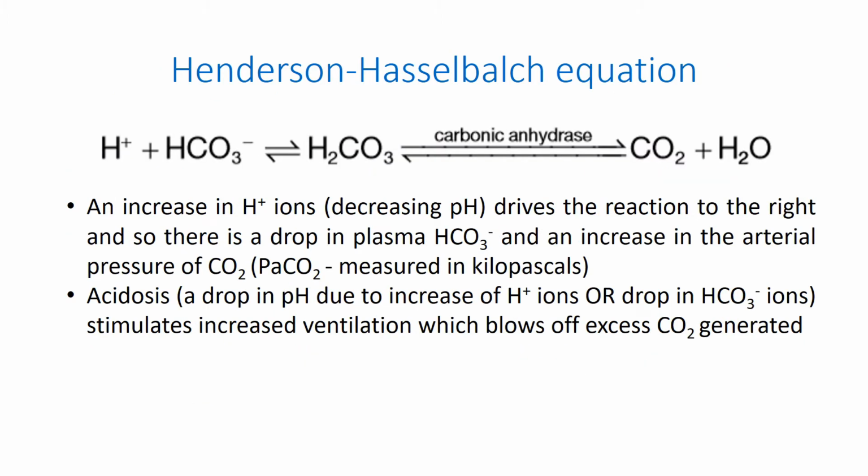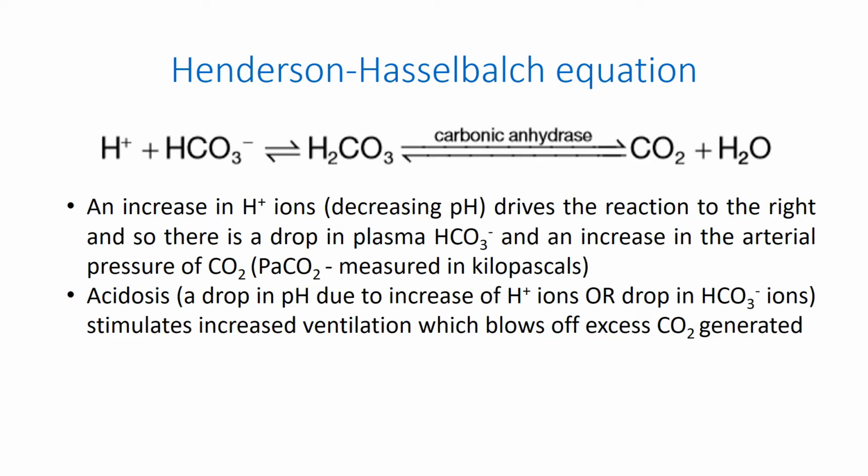So now we're going to look at the Henderson-Hasselbalch equation that basically can go both ways. If you have an increase in hydrogen ions, that decreases the pH. This drives the reaction on the slide to the right.